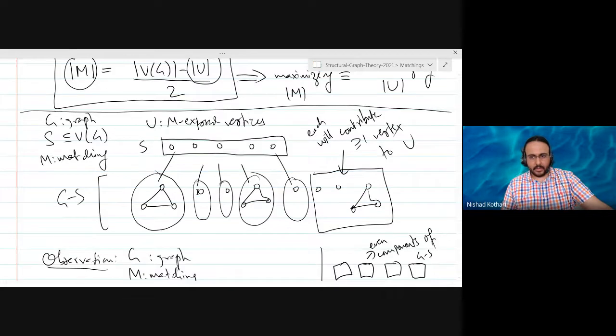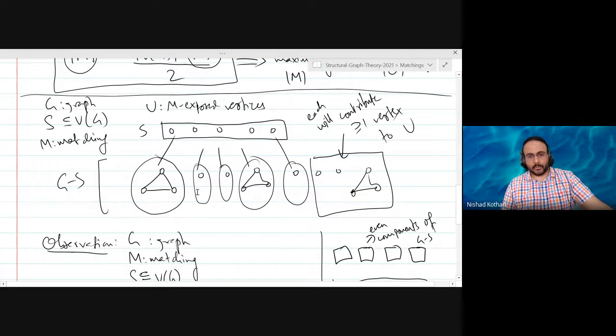In particular, you can look at the number of exposed vertices for any matching, right? Minimizing the number of exposed vertices is the same as maximizing the size of the matching, right? So the number of exposed vertices will be at least the number of odd components minus the cardinality of the set S. Right?